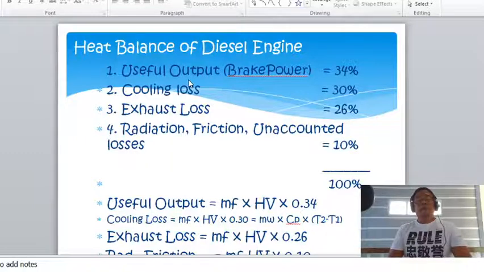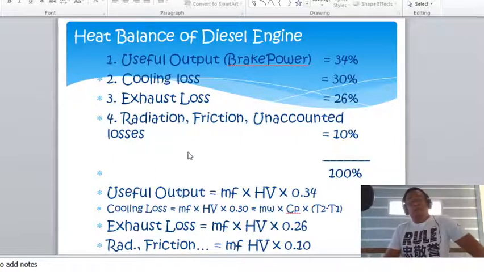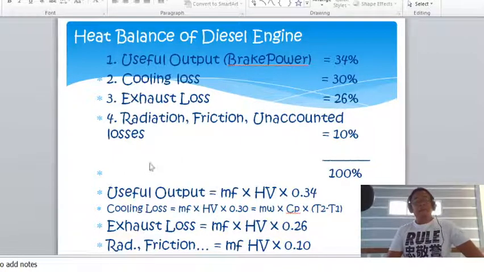So, if we now calculate the useful work, that is mass of fuel times HB multiplied by the percentage of the brake output or the brake power. Okay? So, if the mass of fuel and heating value are known. Okay? So, for cooling loss, that is mass of fuel times heating value multiplied by 30%.